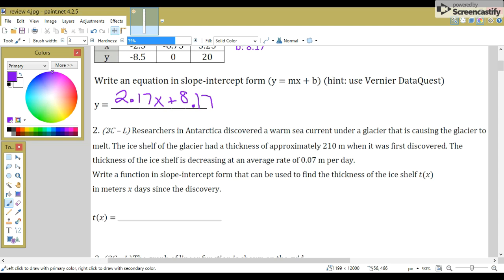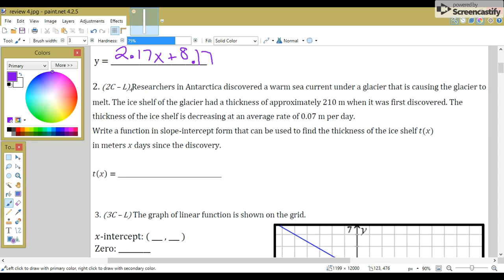Number 2, 2C. Researchers in Antarctica discovered a warm sea current under a glacier that is causing the glacier to melt. The ice shelf of the glacier had a thickness of approximately 210 meters when it was first discovered.